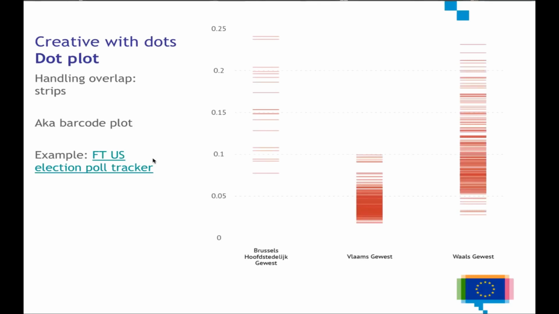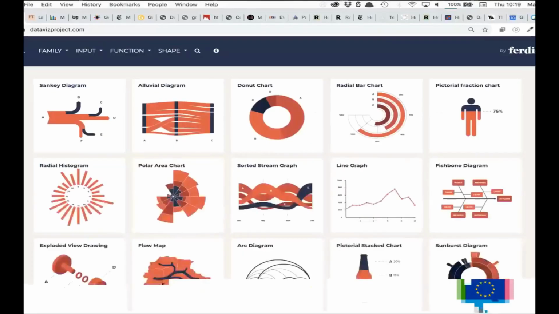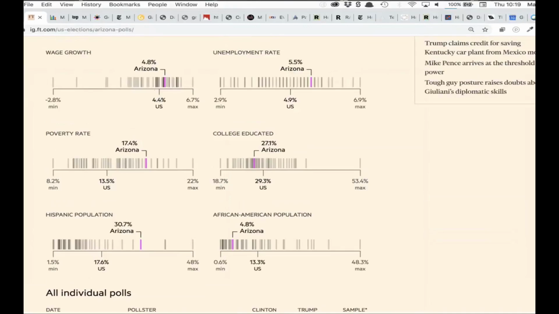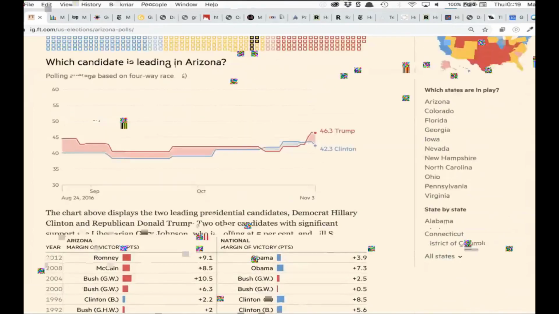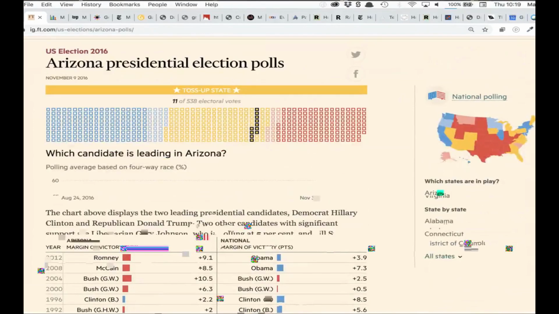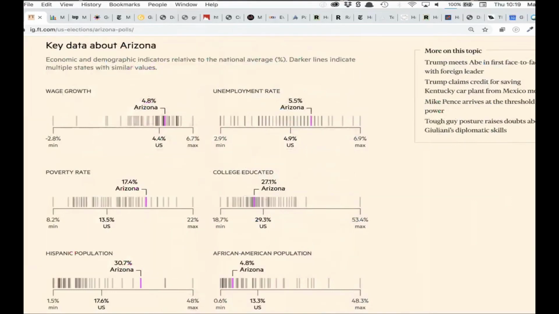And I have a real-life example of this barcode plot. This was published by the Financial Times at the time of the 2016 presidential elections in the United States. And the Financial Times wanted to communicate some key statistics for every state in the United States. And so they came up with these strip plots or barcode plots.